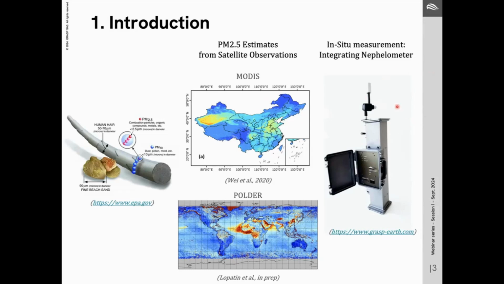In contrast, the in-situ measurements are located right on the ground, so we can obtain much more direct measurements of the ground level pollutants. So that is why in this study, I'm trying to propose a new approach to estimate the ground level PM2.5 mass concentration using the in-situ nephelometer developed by GRASP AirPhoton.